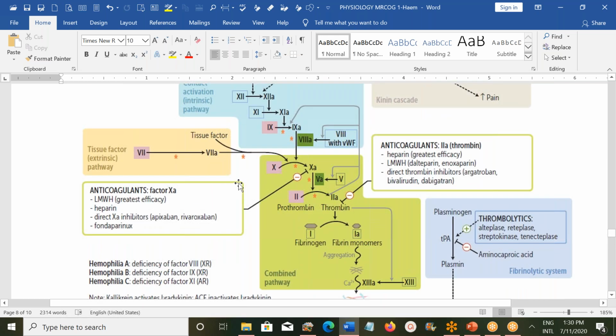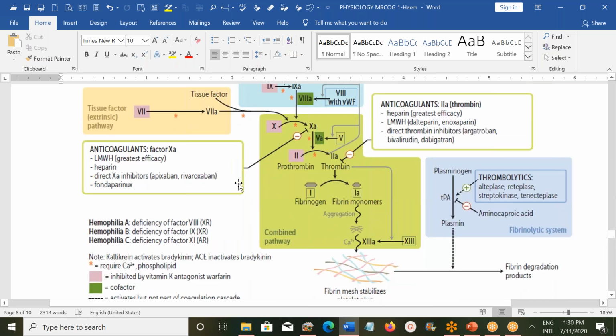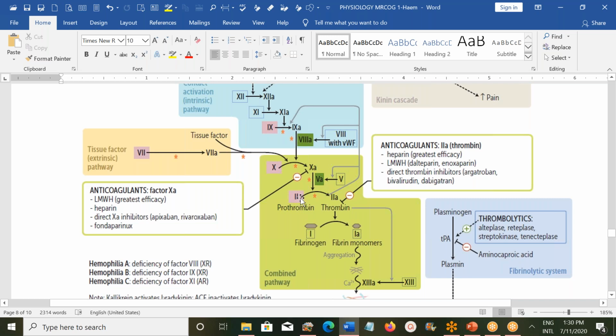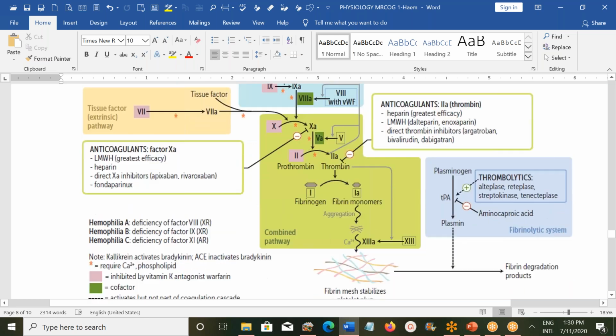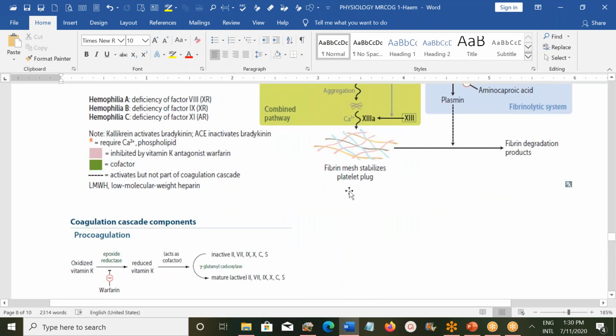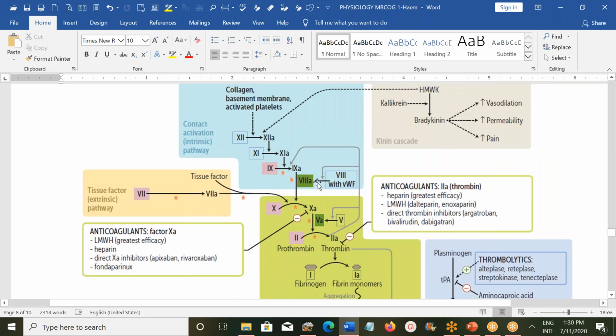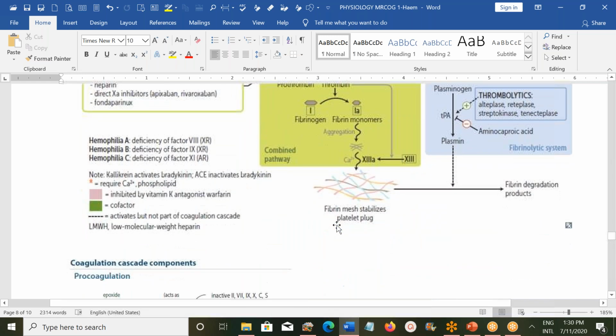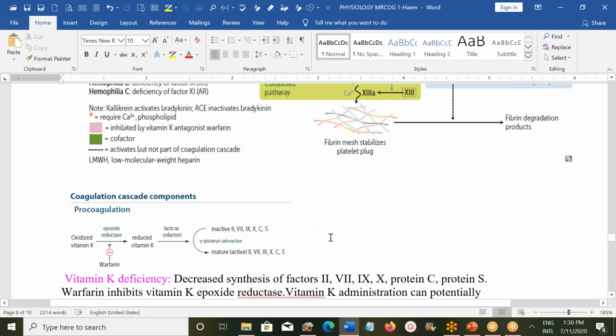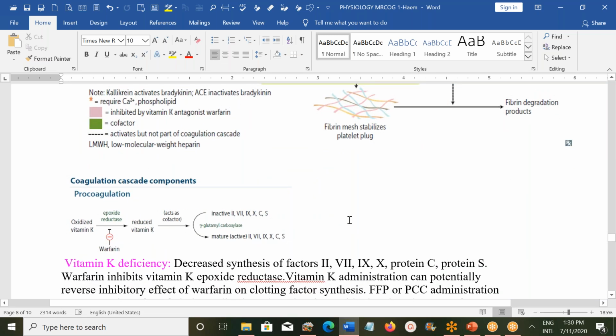Warfarin is going to have action on multiple levels. If you look at this one, 2, 7, 9, and 10, these are vitamin K dependent blood clotting factors, so they are inhibited by warfarin. The green ones are the cofactors: factor 8 and factor 5. We need them if we want proper coagulation in the system.